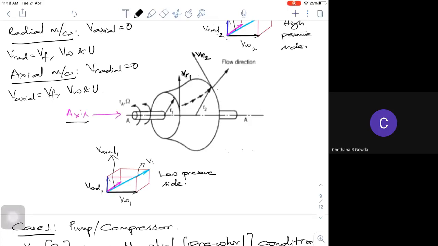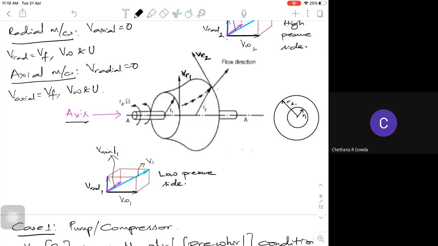If I see from the side view, it is like this. So this is R1 from the center, and I have something with respect to the outer radius, which is R. This is what I am trying to show.